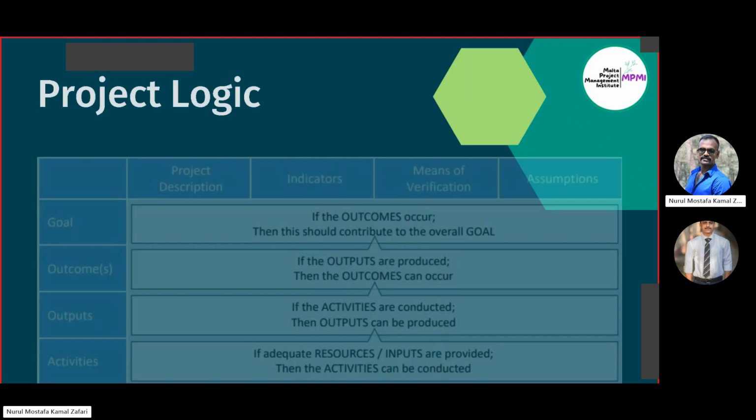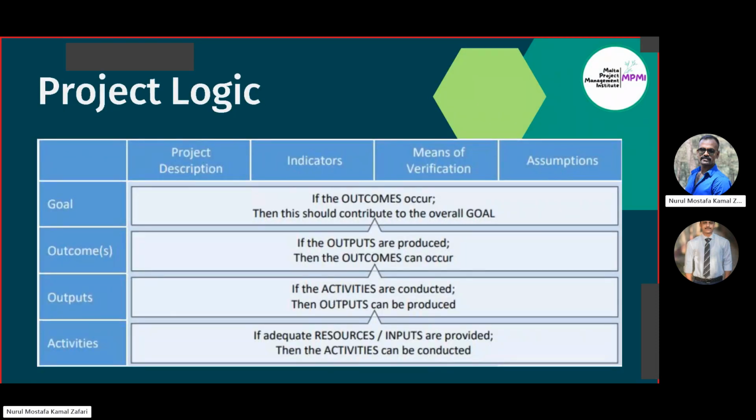Let me continue with project logic. So now the logical framework needs to be established or set in this phase. During the project identification and definition phase, the project team needs to establish the project logic. Why?